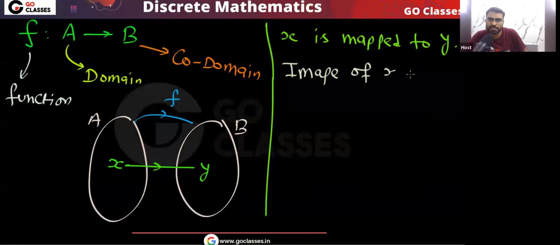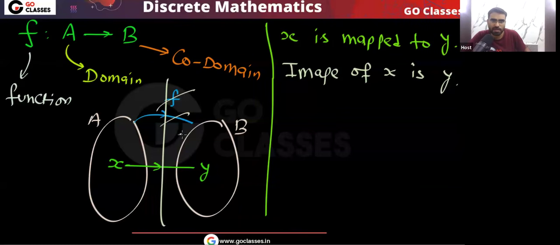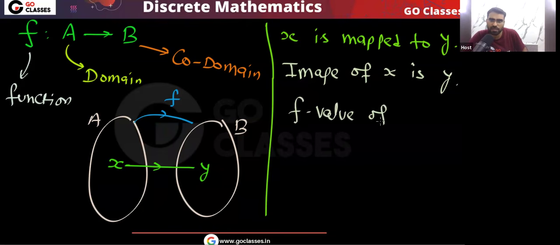If you put a mirror here, considering this function as a mirror, then you can see the image of x, that is y. I can also say that the f value of x is y. Is this clear?